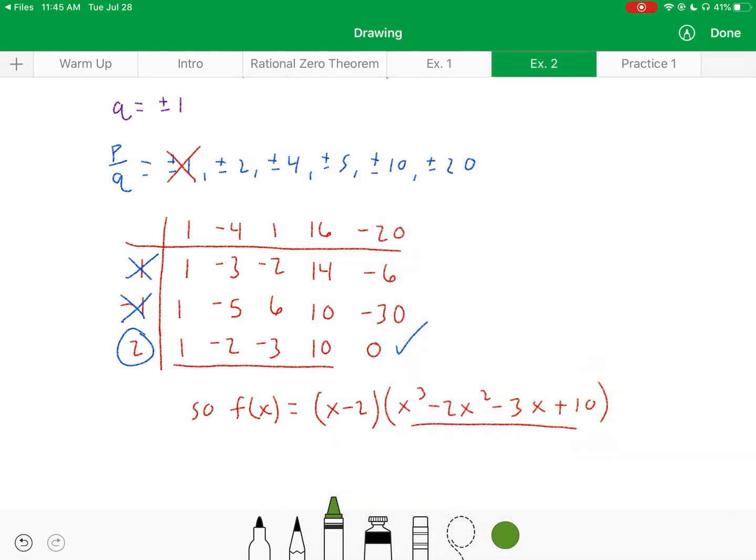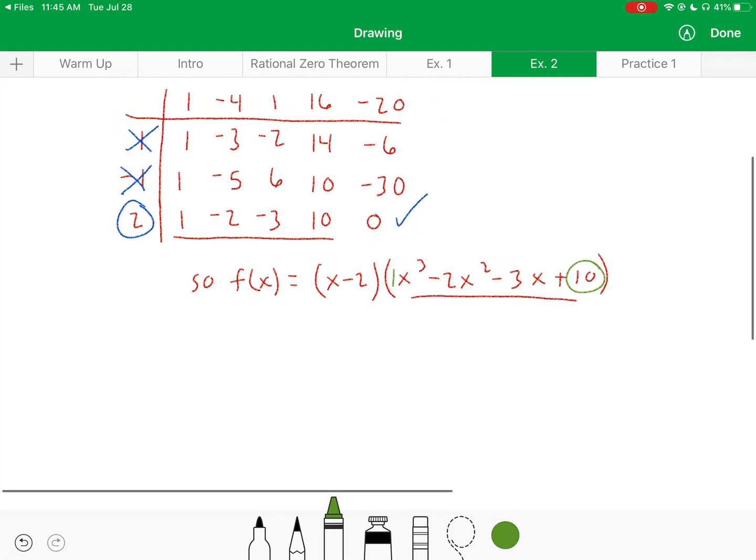Your coefficient and your constant here are 1 and 10, okay? Well, that allows me to rule out plus or minus 20 because 20 is not a factor of the constant of 10. And it also allows me to rule out values of 4 because 4 is not a factor of 10 as well.